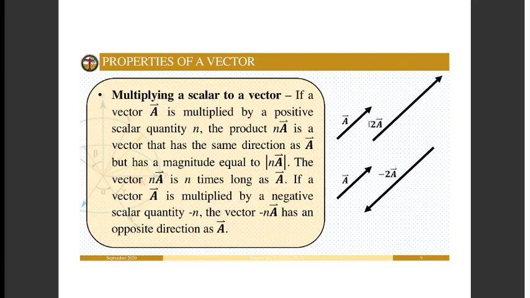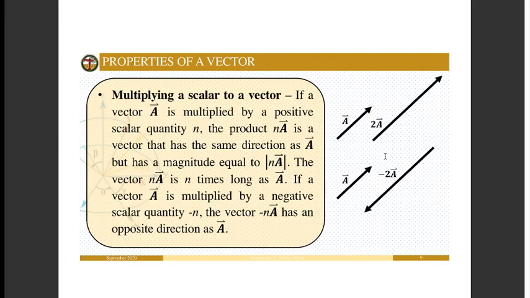So meaning that 2A is twice as long as your original vector A, diba? They have the same direction lang, but they have different magnitude. Okay? So how about if hindi na positive scalar quantity yung i-multiply natin?